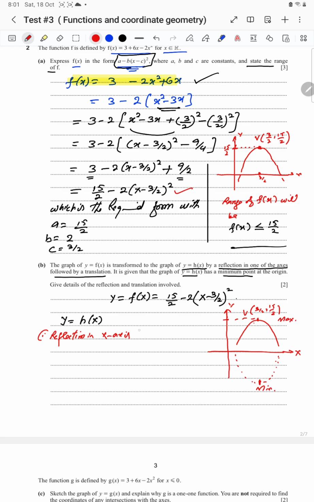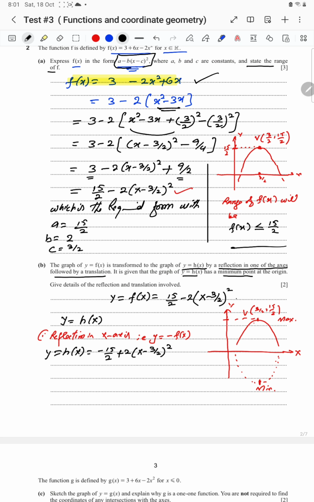For the x-axis we know what to do: y should be minus f of x. So what will we get? y equal to h of x will be minus 15 by 2 plus 2 times x minus 3 by 2 whole square, right?